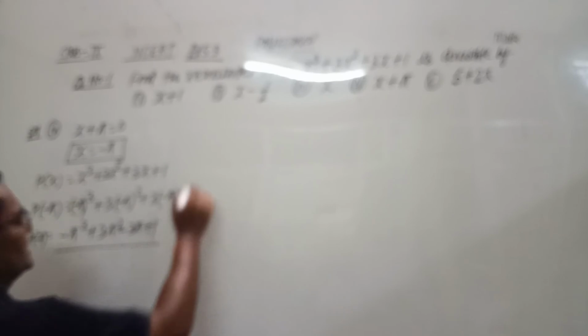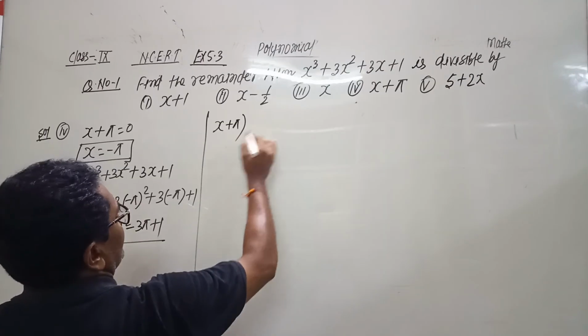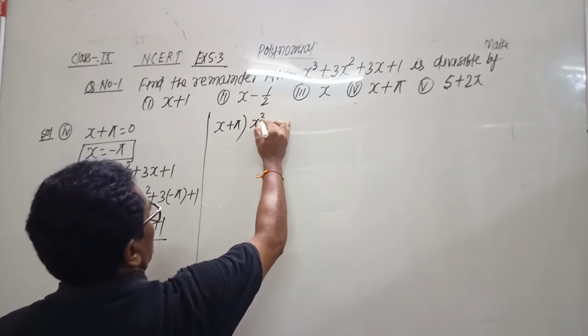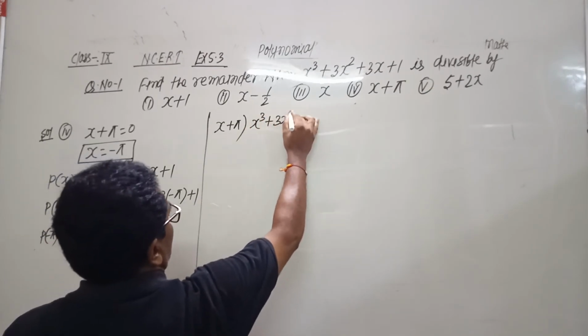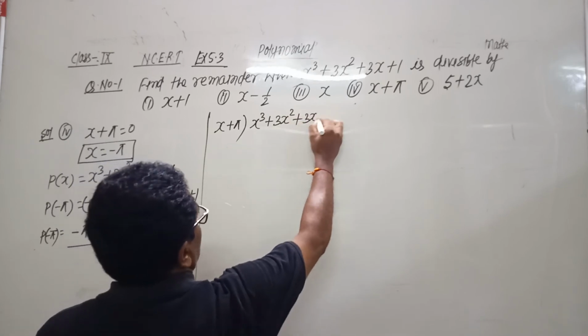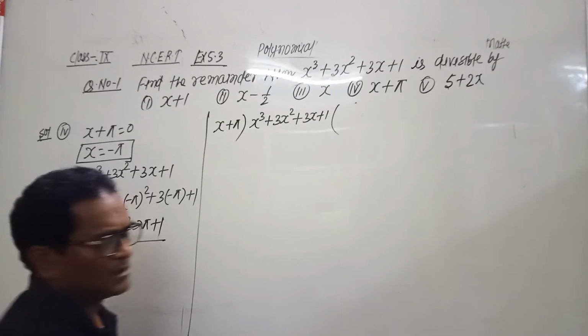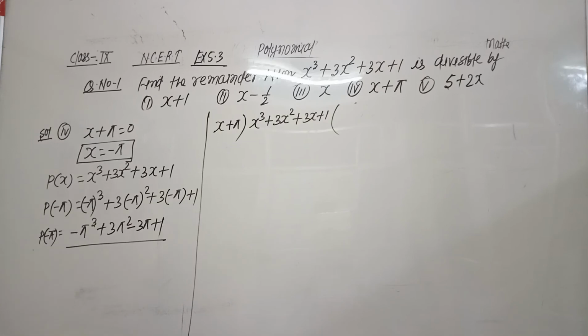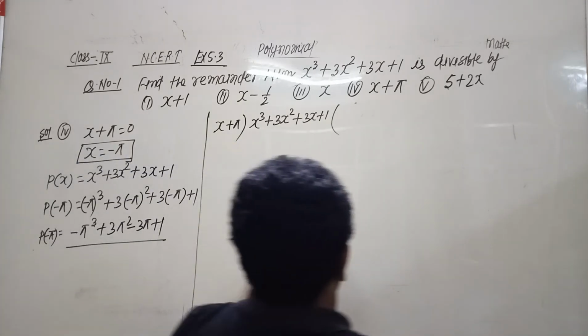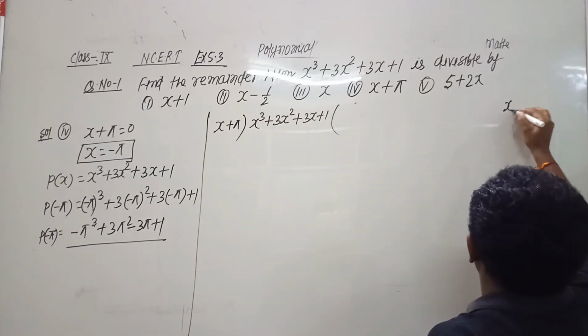Now by the division method, x plus p is the divisor and the dividend is x cube plus 3x square plus 3x plus 1. So the first term of the dividend is x cube and the first term of the divisor is x.